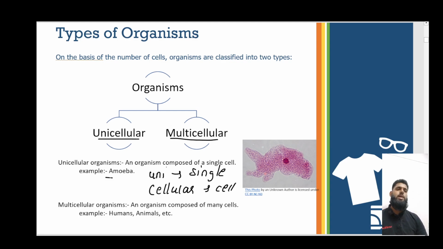An example is amoeba. Now next, what are multicellular organisms? Multi means many and cellular means cell. So organisms which possess thousands of millions of cells belong to the category of multicellular organisms. Example, we humans, animals or plants.